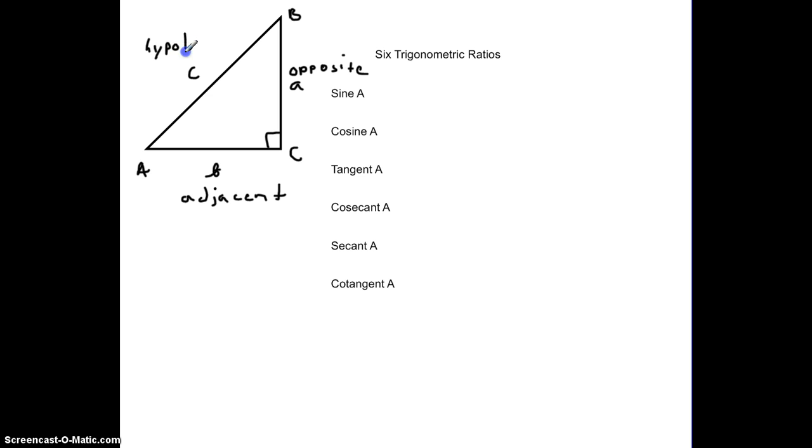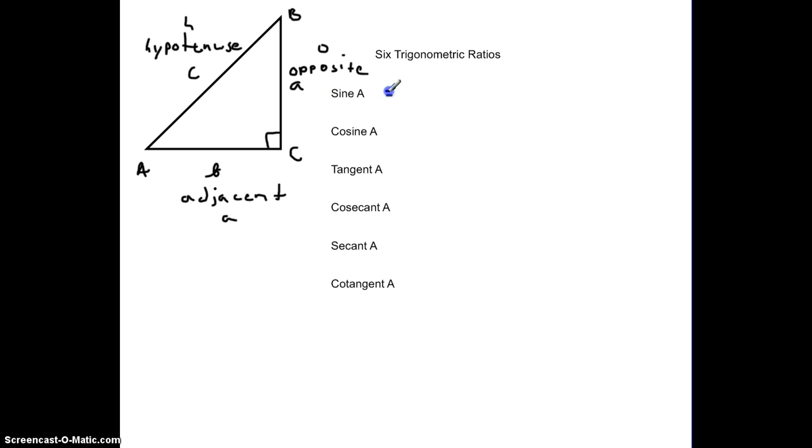And then to abbreviate those, just for convenience, we could call the opposite side O, the adjacent side A, and the hypotenuse H. So when we look at our 6 trigonometric ratios, we need to abbreviate sine.